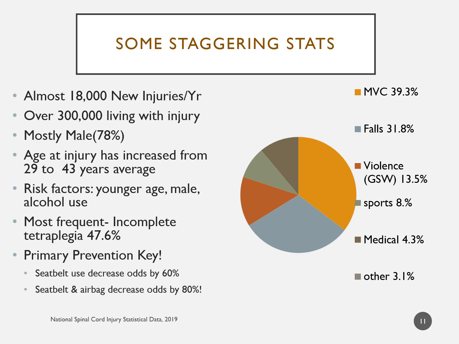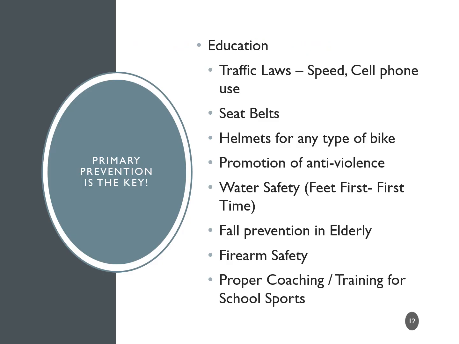And we now have, I've talked about this before, seatbelt use, airbag use, things that are helping us to lower some of those injury statistics. And education, the traffic laws, speeding, speed limits, cell phone use, helping to decrease those car crashes, use of seatbelts, helmets, and then promotion for anti-violence.